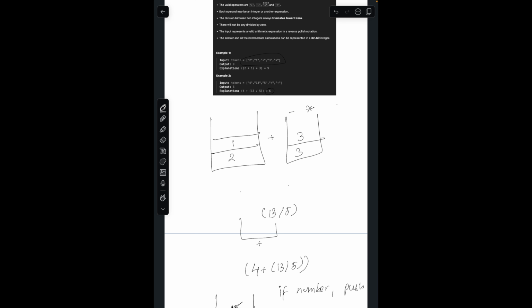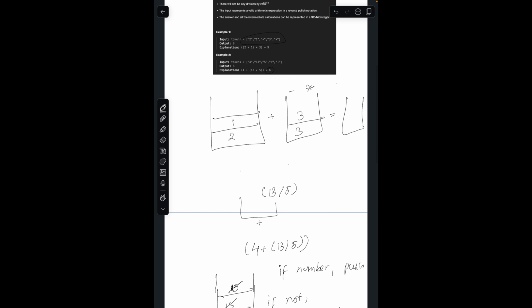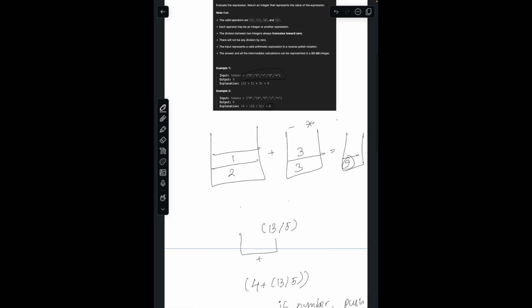We push in 3, we have multiply, which gives us 9. So we will be returning the last element of the stack after the array is done. So let's see this question in the coding session to better understand how this can be done.